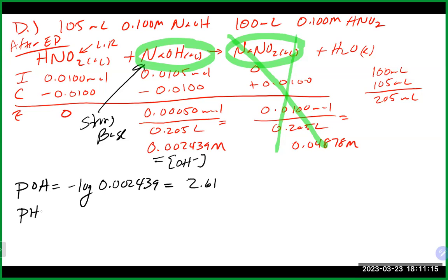We want to get to the pH by taking 14 minus that. Going to hit 11.39 on the pH. Which is definitely basic and what we would expect to be happening here past the equivalence point, because again, at this point, you're just dumping base in there and producing a lot of hydroxides really quickly.